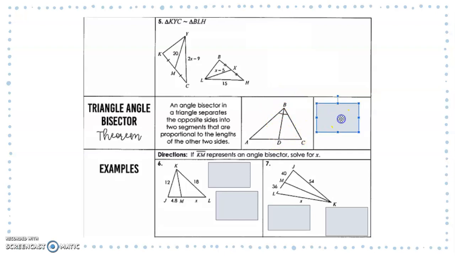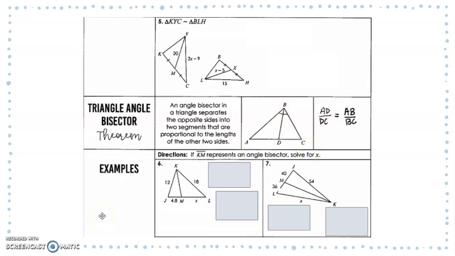So when I set up our proportion, what the triangle angle bisector theorem says is that I can use those sides, so BD split up side AC into AD and DC, so that's the first part of my proportion, AD to DC, and then I'm going to match it with its other side in the triangle. So that's equal to AB over BC.